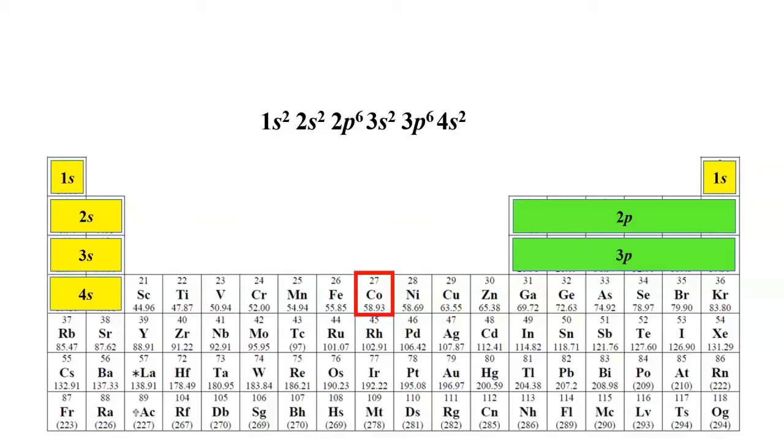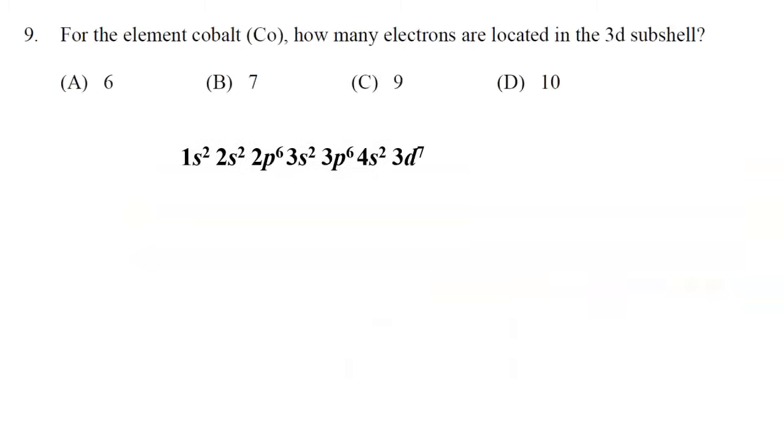So if we count how far cobalt is in that 3d section, it would be 1, 2, 3, 4, 5, 6, 7. So the last part of the electron configuration for cobalt would be 3d7. So now we know that there are 7 electrons located in the 3d subshell for the element cobalt. So that makes choice B, 7, the correct answer to question 9.